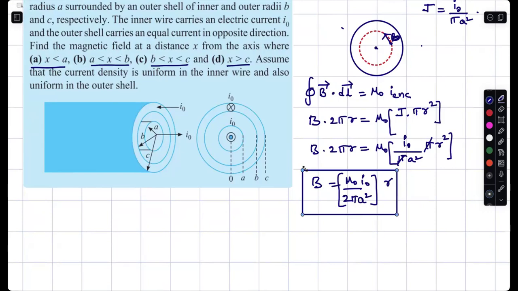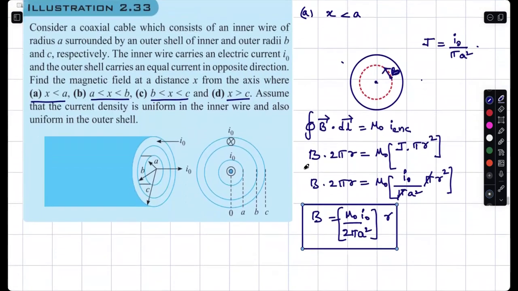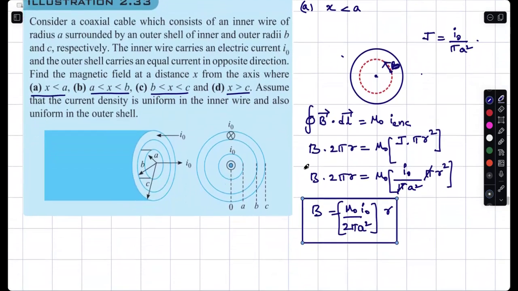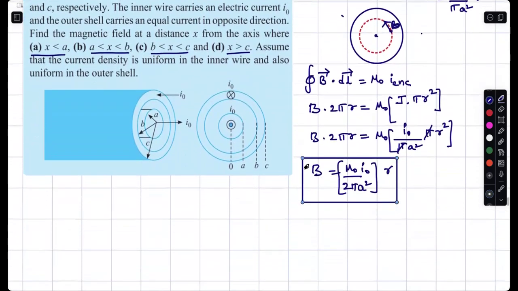Any doubts? Clear? The easiest part is only this. Now you want the region between a and b. Option B: a less than x less than b.